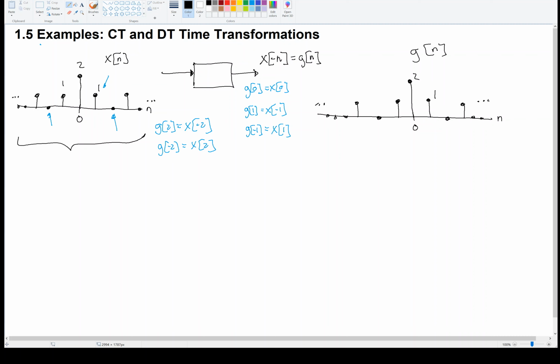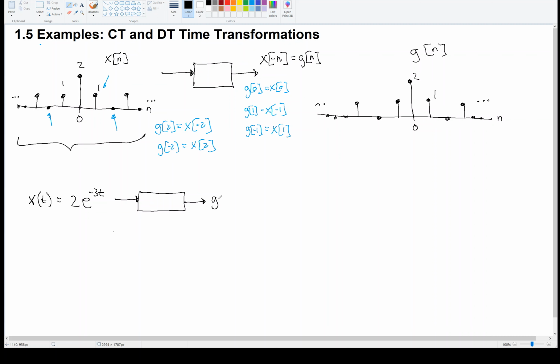Okay, finally, let's look at one last example. An equation. Let's say x of t were 2e to the negative 3t. Okay? And we're going to send that into a system that does the following.